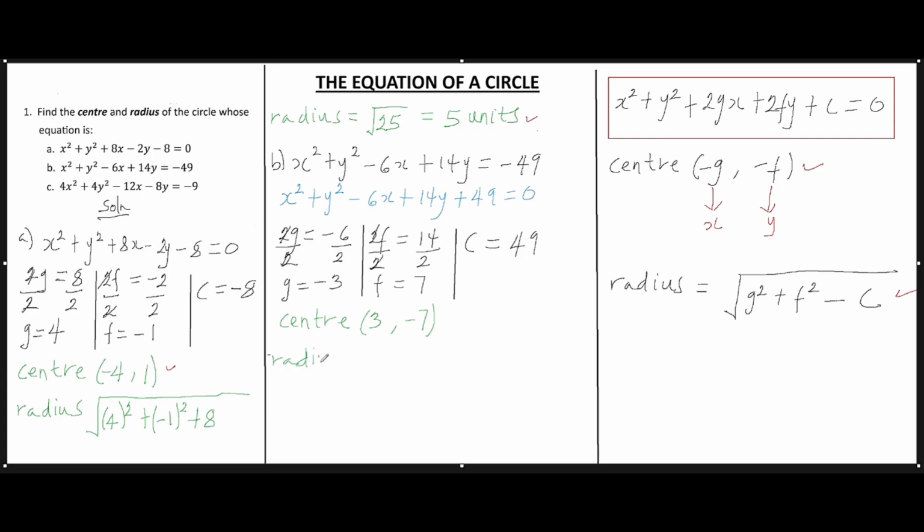Recall the formula. The radius is the square root of g squared. So g squared here is minus 3 all squared, plus f squared. F here is positive 7, so positive 7 squared. And then minus c. So c here is 49.